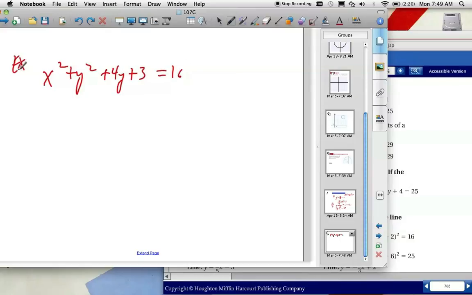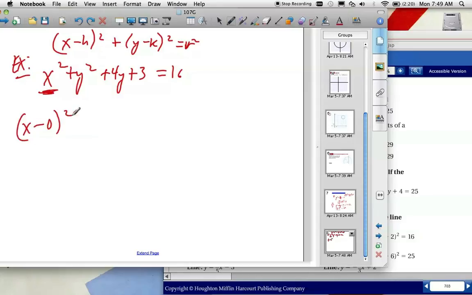Notice it's not in this form at all. There's not two completed squares. There is an x squared. So really this x squared is x minus 0 squared. But we don't write that because we don't want to be redundant. But that's where this is coming from. So really you're left with this whole part. And although this factors, it's not a perfect square.